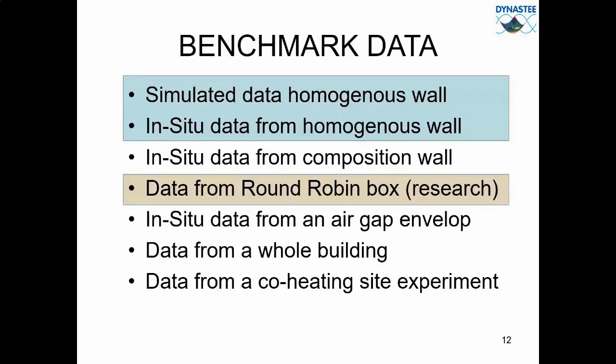And what we will make available from this afternoon onwards, we will make also a real in situ experiment, the data from it, from a homogeneous wall, so you can check your skills if you are able to find more or less the best way to analyze that kind of data.